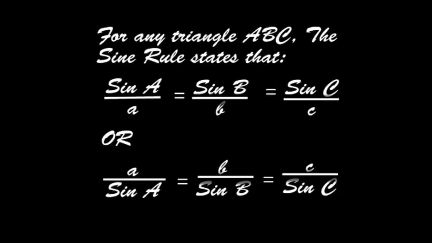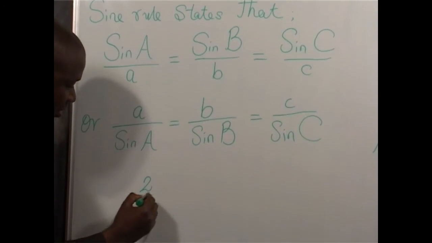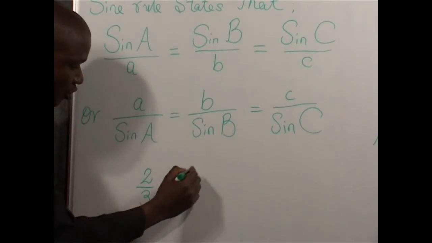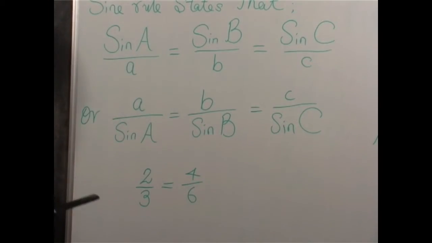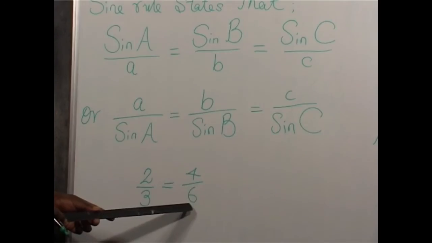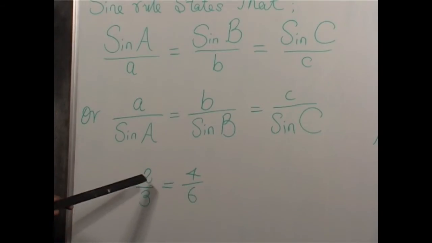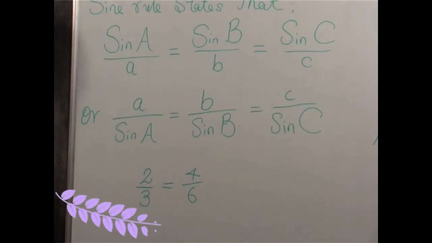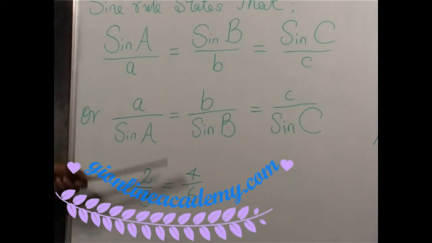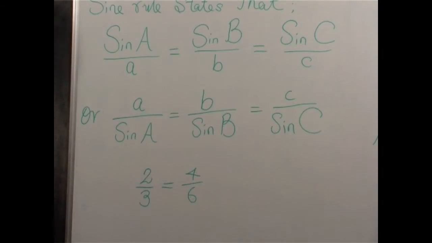I don't expect this to confuse you, because it is true, like when we look at two simple fractions, that if 2 over 3 is equal to 4 over 6, which is a true statement, because when 4 over 6 is reduced to the lowest terms, you will get 2 over 3. From this true statement, it is possible to come up with another true statement whereby the denominators now will become the numerators, and the numerators will become the denominators.